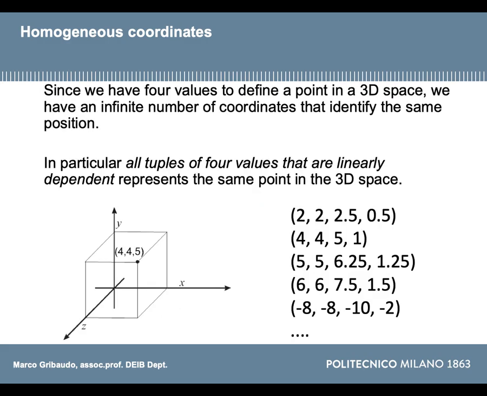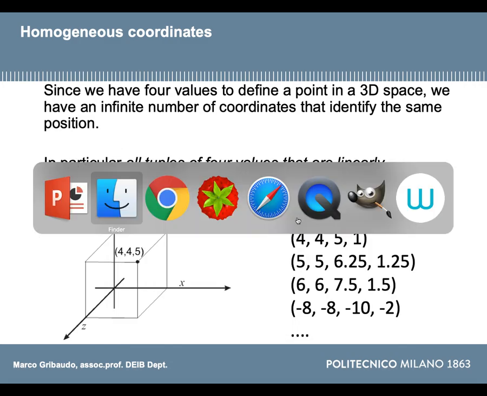Since we have a 3-dimensional space and we have one point, with 4 coordinates we have an infinite set of values that would represent the same point in the same place. For example, let us do something very simple.